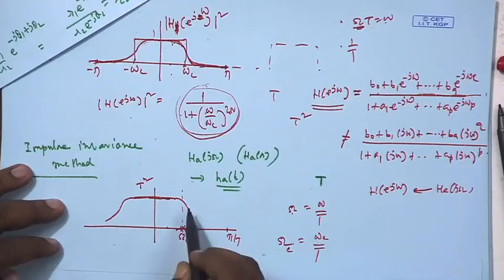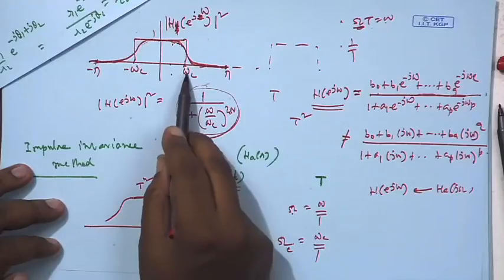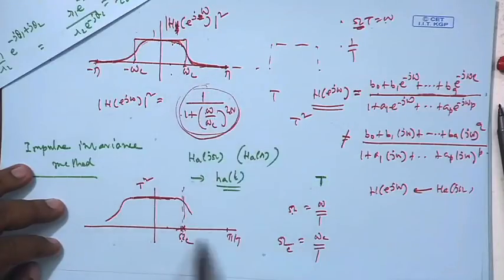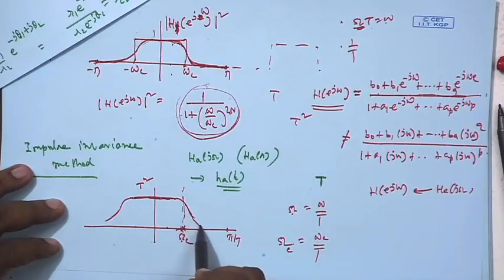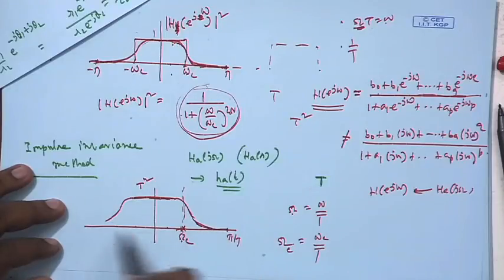Since small omega c is much less than pi, capital omega c will be much less than pi by T, and therefore it will go down sharp, and n is large. So when it reaches the half sampling frequency it is almost 0.